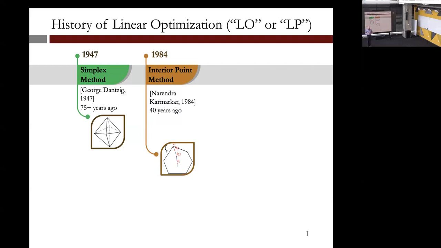It still is one of the primary tools. The other tool being interior point methods, which were really introduced to the world in 1984 in a paper by Narendra Karmarkar, although he was not doing what we now call interior point methods, which is follow a central path or a central trajectory to an optimal solution. But his work quickly led the way to that.